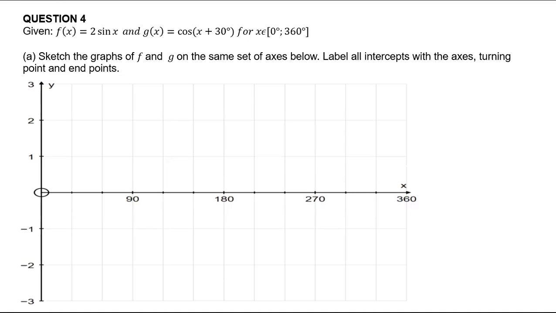So 0 plus 90 will give me 90, and 90 plus 90 will give me 180, and 180 plus 90 will give me 270. 270 plus 90 will give me 360. And that's how I will find my x coordinate. The amplitude obviously is whatever the coefficient of the ratio is. That is us doing it manually.